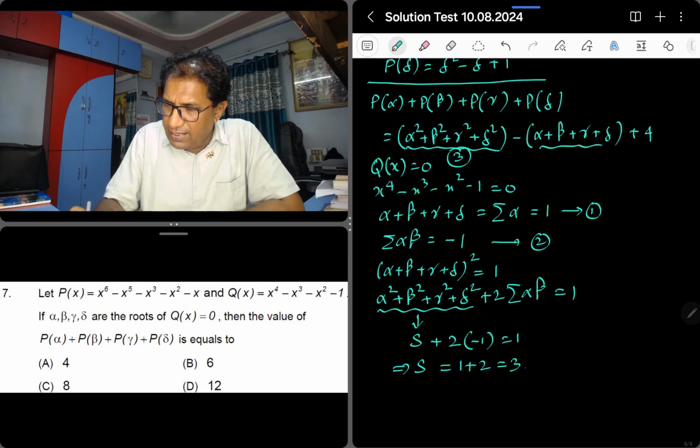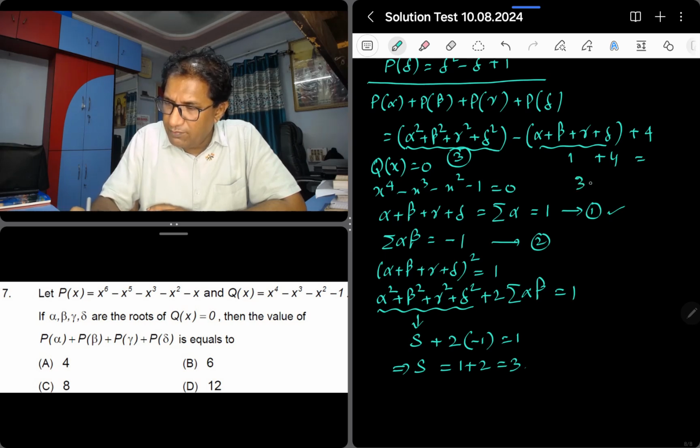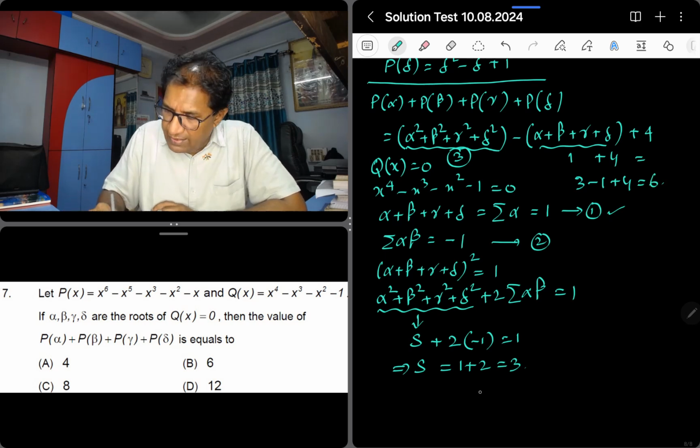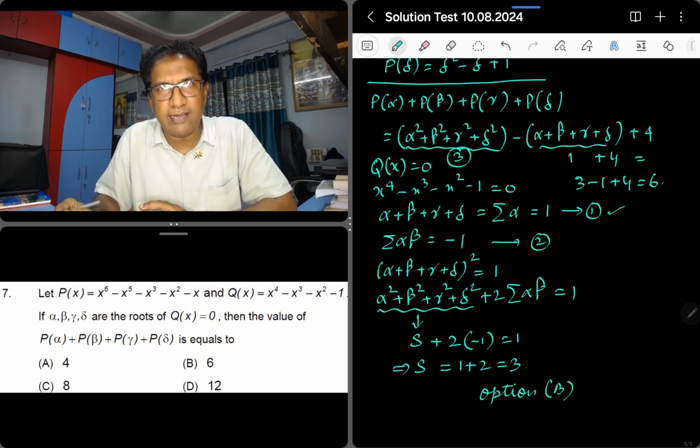The value of this expression, as we all got from number 1, it's 1. And this is 4. So, the answer will be 3 minus 1 plus 4, which gives us 6. Hence, option B is correct for this problem. Is it clear?